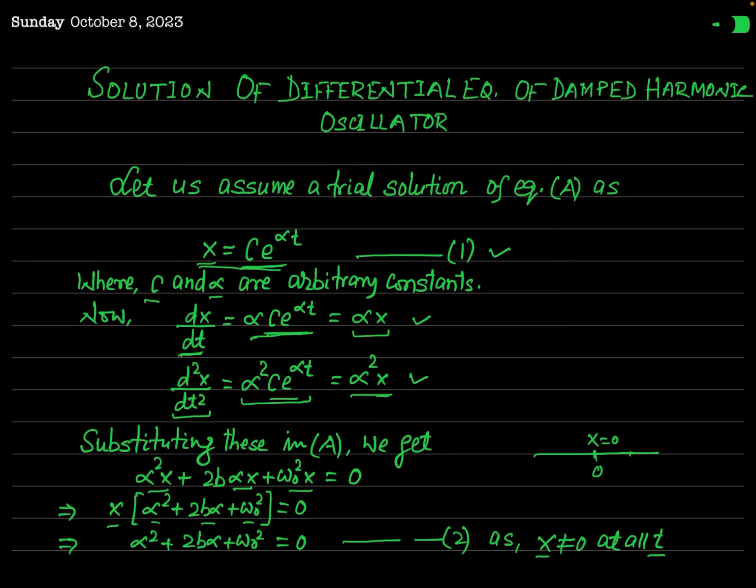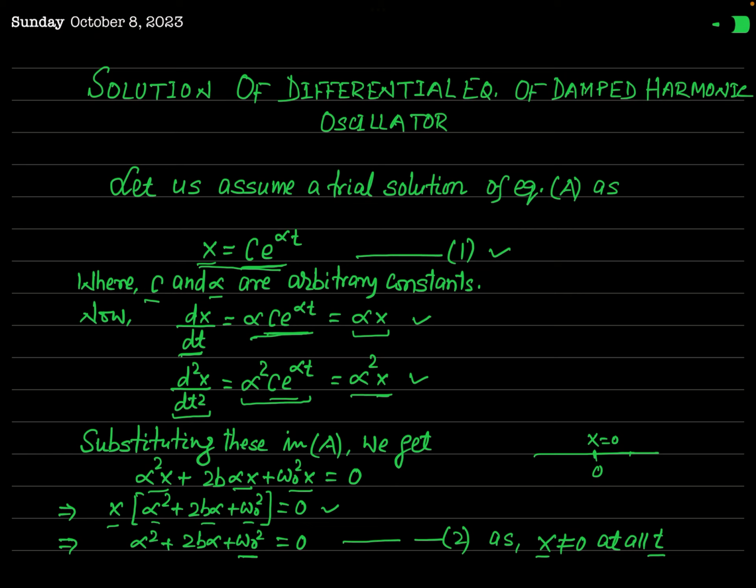So this x is not 0 at all times t, but in the RHS our result is 0. So definitely the factor inside this square bracket, that is alpha square plus 2 beta alpha plus omega naught square, must be equal to 0. And in this way, we get the result alpha square plus 2 beta alpha plus omega naught square equal to 0.